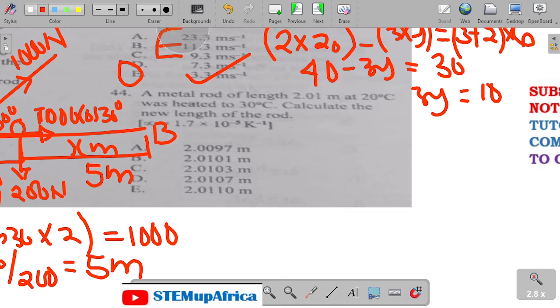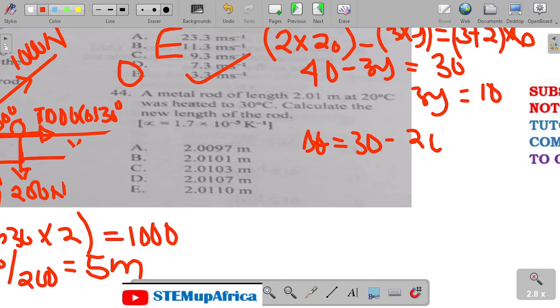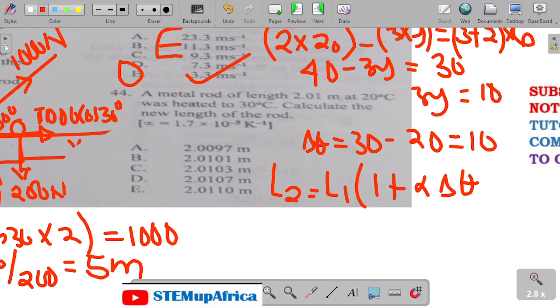44, we have linear expansivity. A metal rod of length this at this was heated to this. So my change in temperature will simply be 30 minus 20, that will give us 10. Calculate the new length. L2 is L1 into 1 plus alpha change in temperature.